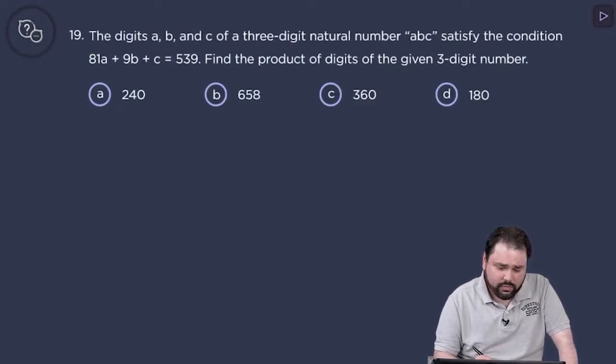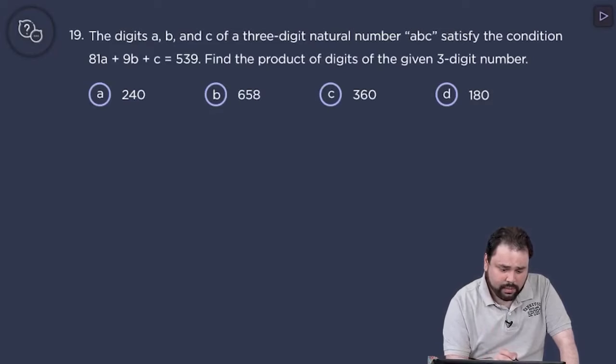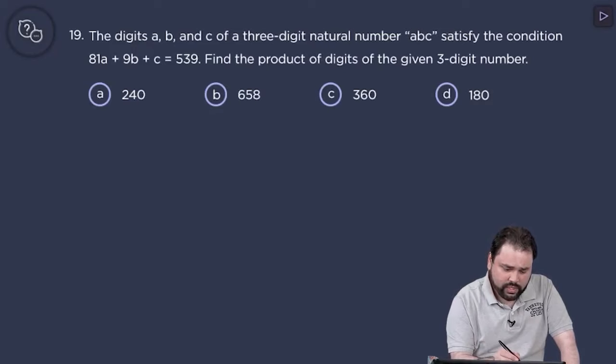Digits A, B and C of a 3-digit natural number ABC satisfy the condition 81A plus 9B plus C is 539. Find the product of the digits of the given 3-digit number. Now if A is 6, that is 486. A is 7, it will mean 567, so A can't be 7. If A is 5, I get 405, then 9B plus C will become 134.